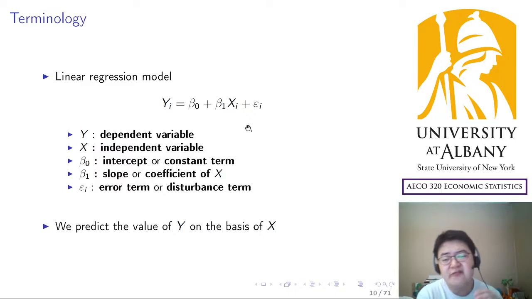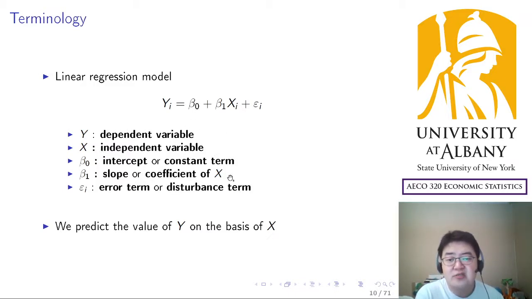By the way, different textbooks use different names, but these notations should be similar, especially y and x, which are common notation. Almost always y is the dependent variable on the left-hand side, and x is the right-hand side variable that determines y. So we call this the independent variable.